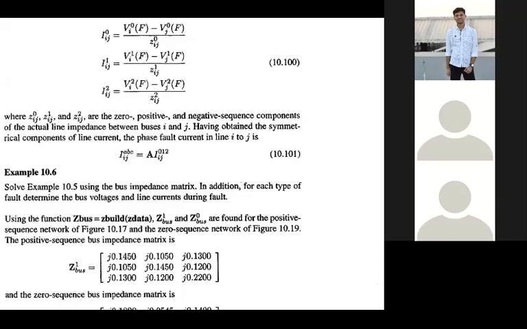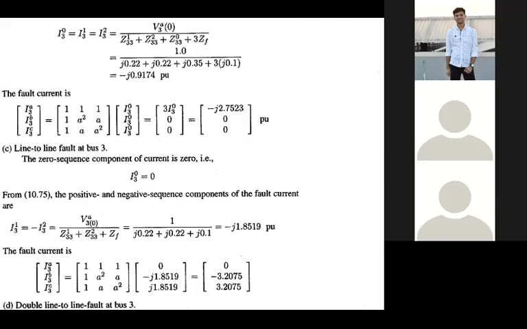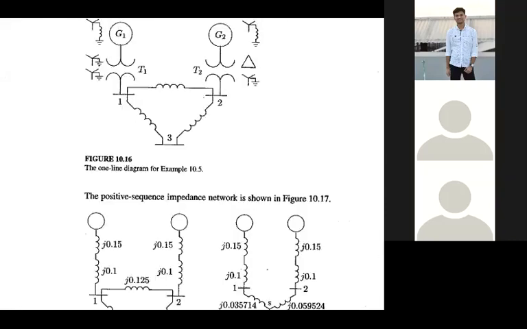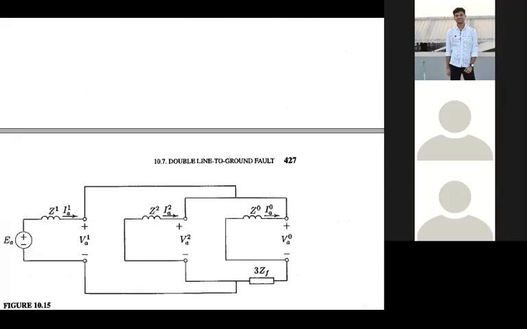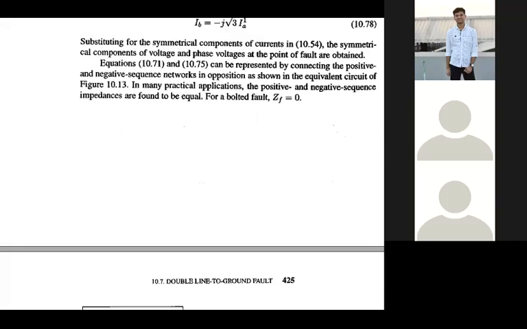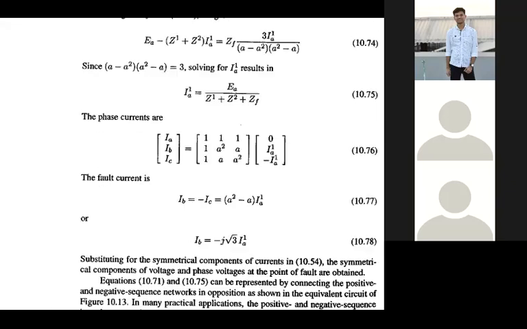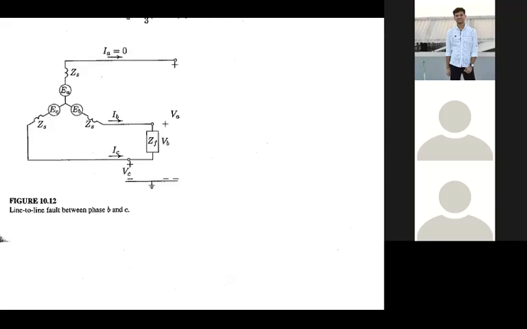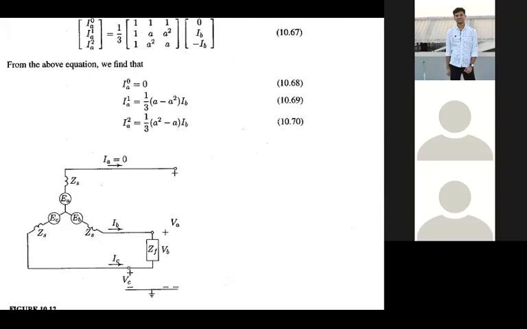It was from that, for the line to line fault we are discussing now. Here it was the line to line fault scenario between phase B and phase C. You have the short impedance or fault impedance.